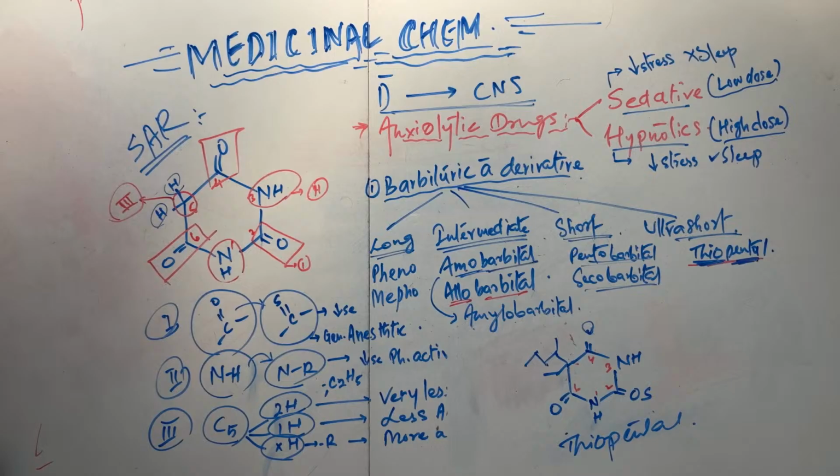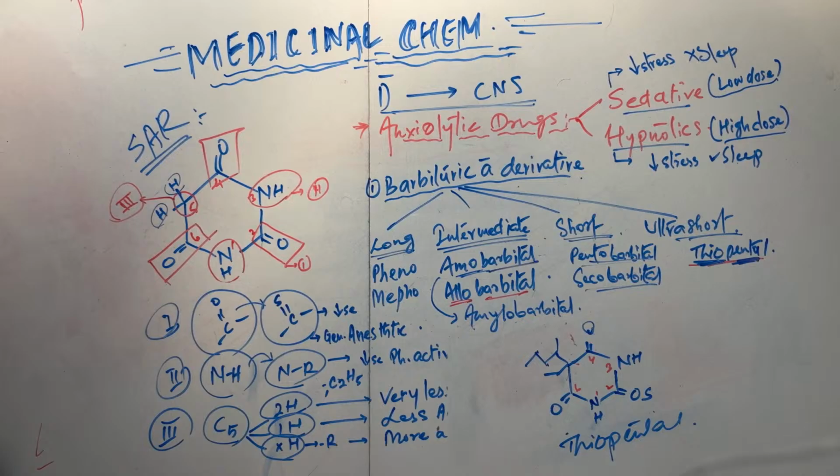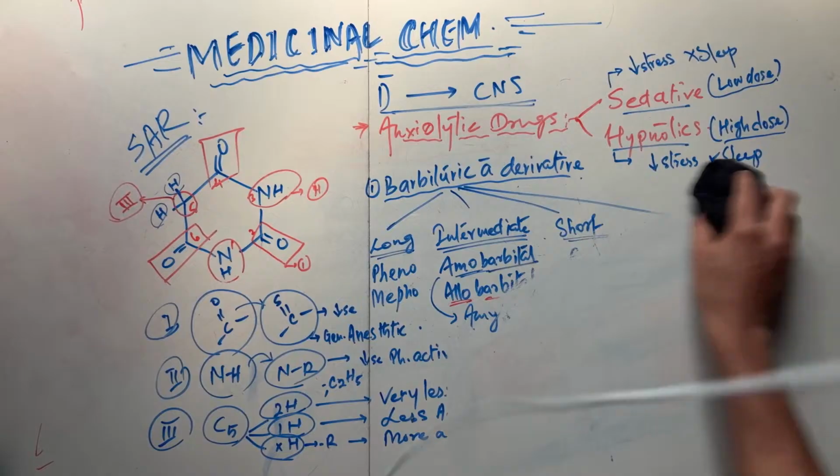Now barbituric acid derivatives are completed. Now we will see the 2nd class of sedatives and hypnotics. So what is the 2nd class? The 2nd class is called benzodiazepine. So first of all we will see the classification of benzodiazepine, then SAR, and then structures, same as barbituric acid. Okay, let's start.